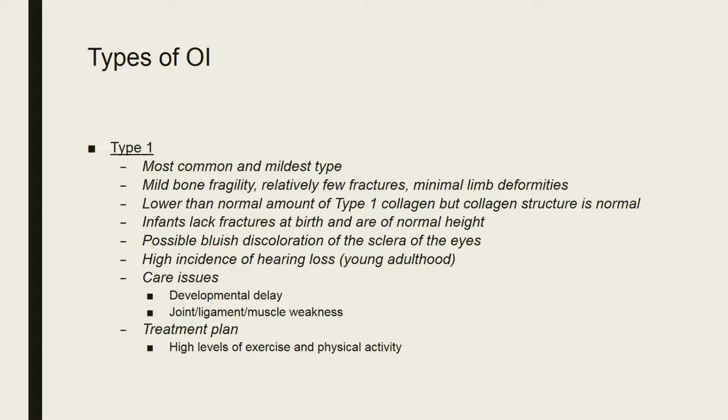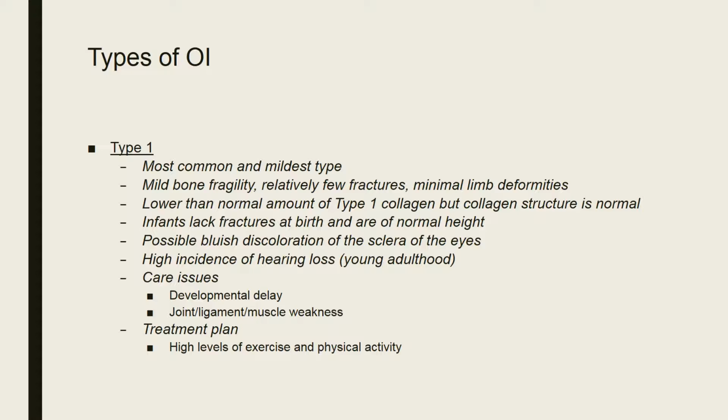For our treatment, we should focus on increasing that mobility as much as possible, increase peak bone mass, and develop that muscle strength. And actually, they say high levels of exercise and high levels of physical activity are encouraged because that helps improve their overall outcomes with function, and it helps improve their overall outcome with bone density, those sorts of things.